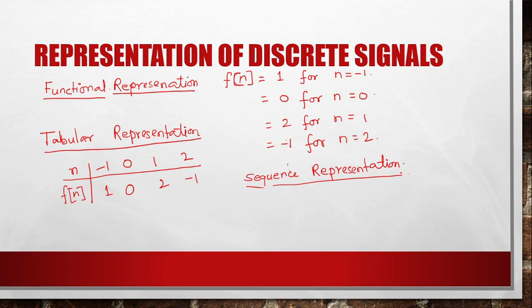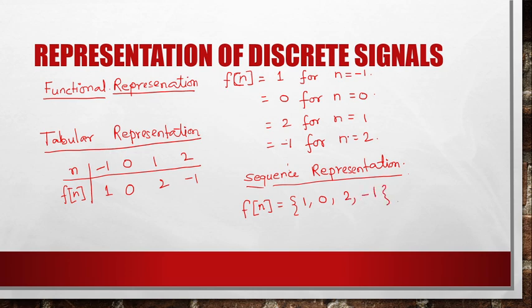It will be written as a sequence, like f(n) will be, we will use curly braces over here. It will start from n equal to -1. We will write only the magnitudes of f(n). So it will start from 1, then 0, then 2, then -1.